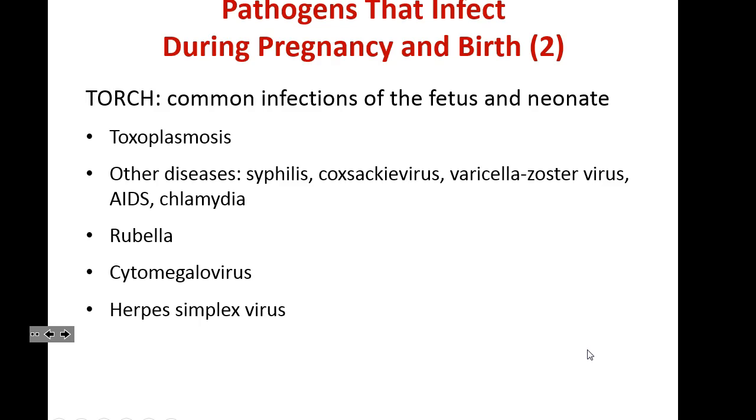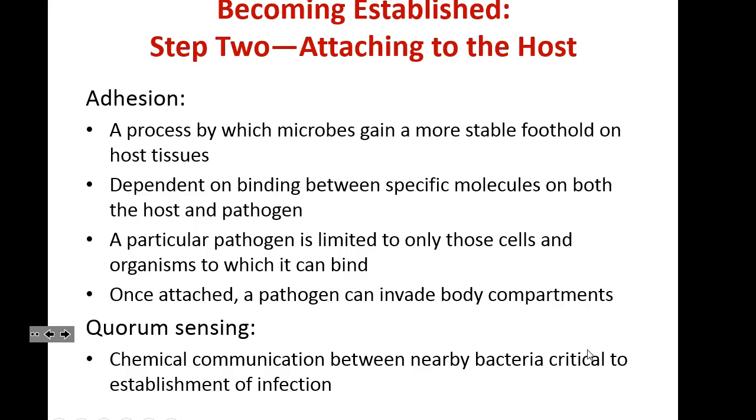So these are common pathogens that infect during pregnancy and birth, and they cause TORCH: toxoplasmosis, other diseases, rubella, cytomegalovirus, and herpes simplex.